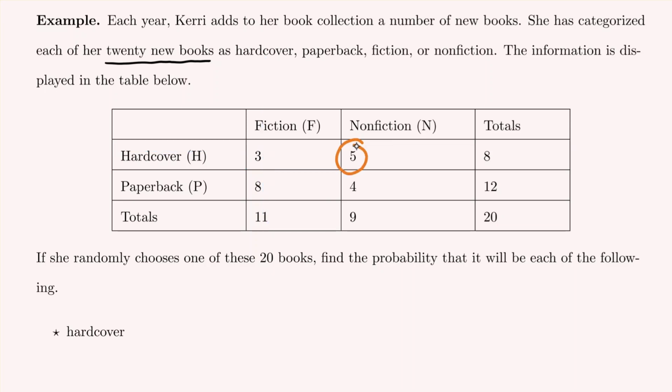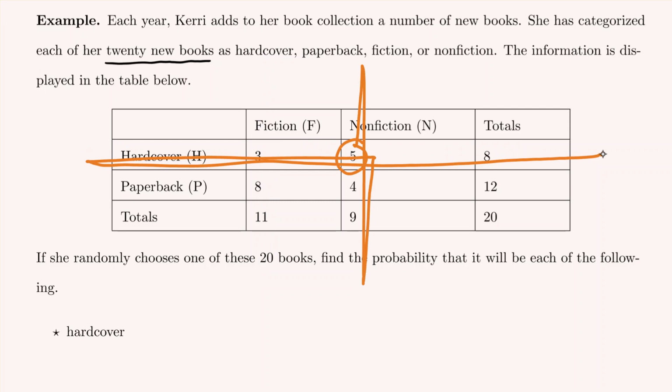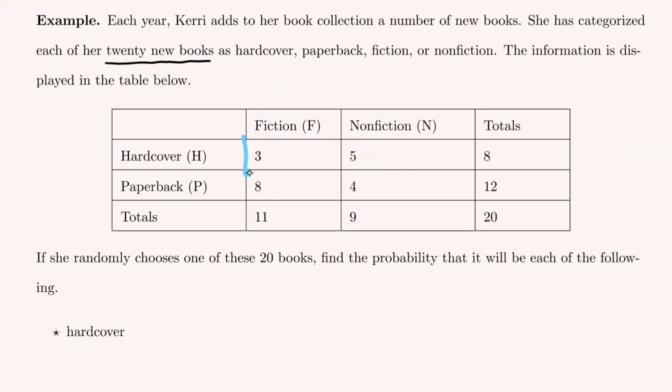Similarly, these 5 books are in the nonfiction column and the hardcover row, so there are 5 books that are nonfiction and hardcover. Taken together, the 3 fiction hardcovers and the 5 nonfiction hardcovers give us the 8 hardcovers in total.